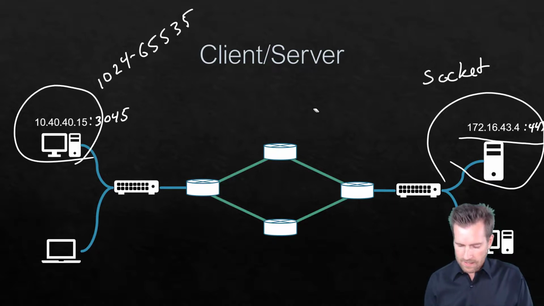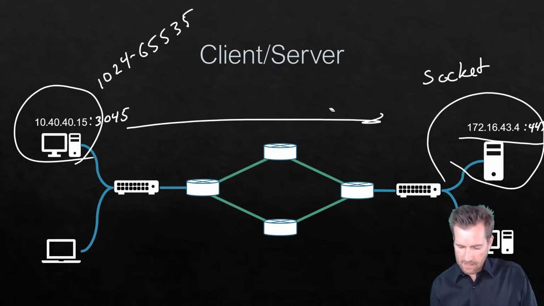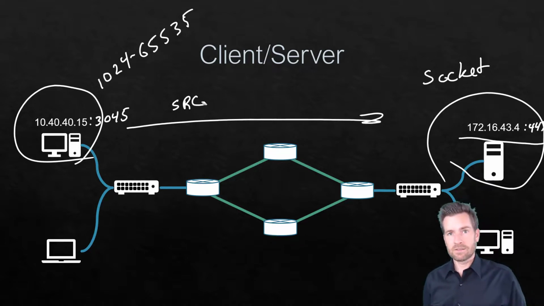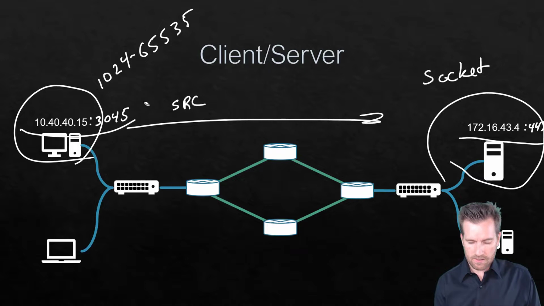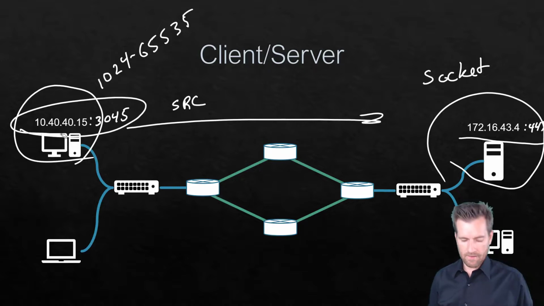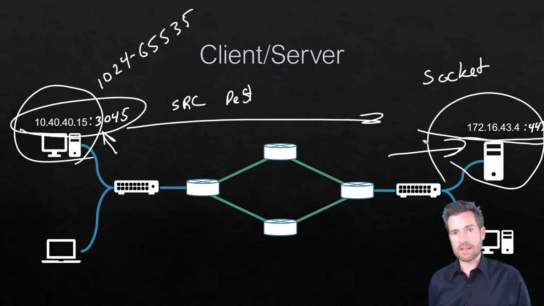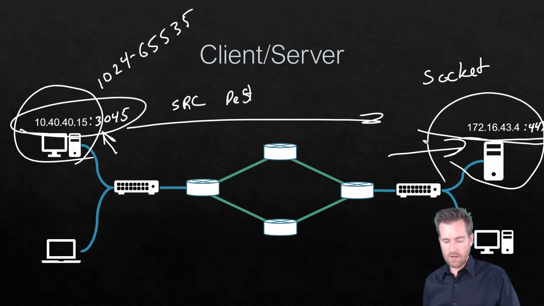So this being sent here is going to have a source socket, or IP/port number combination, of this machine right here. And it's going to have a destination socket of this right here that's associated with this machine right here. So it knows the IP address of where it's going and the port or the service that it's trying to address.